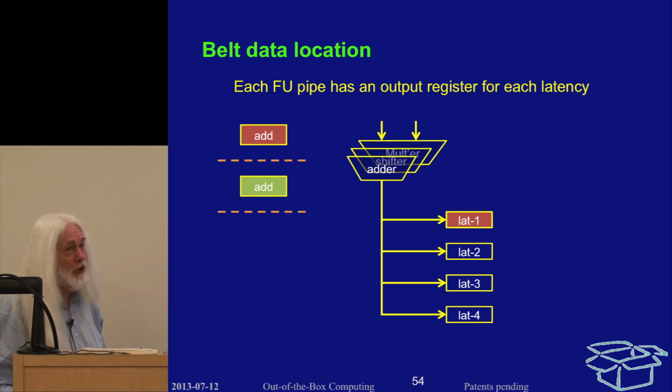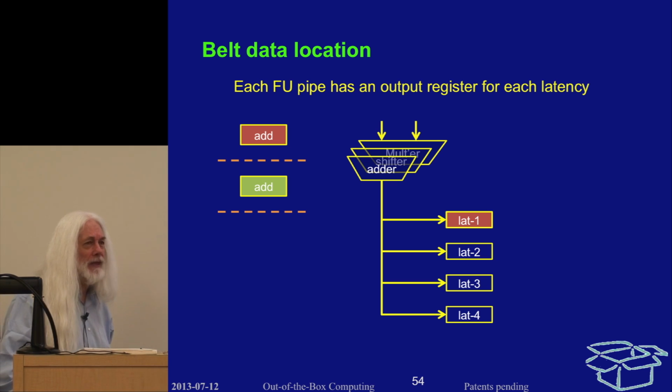The problem is the latency 1 output is occupied. It's still in use. But the latency 2 is free. And furthermore, the latency 2 must be free, because the only way that we could have something coming out of the latency 2 is if we started a latency 2 operation a cycle ago, and we didn't. We started an add. So if you work it through, you see that there cannot be a collision here.